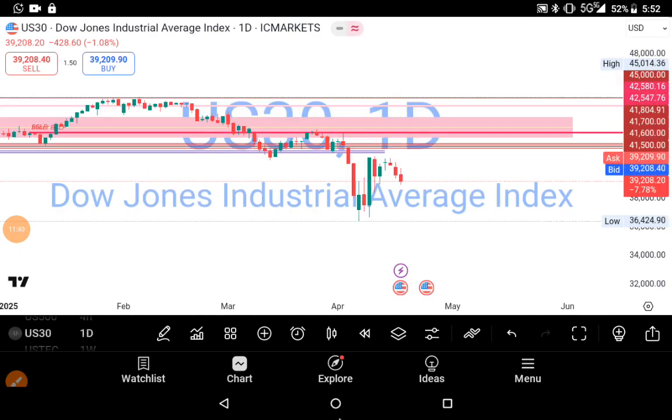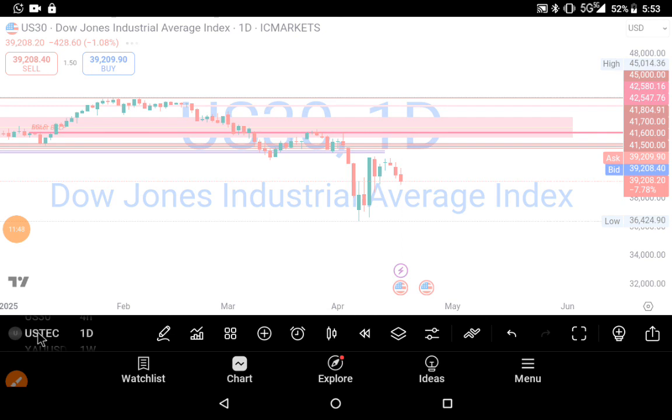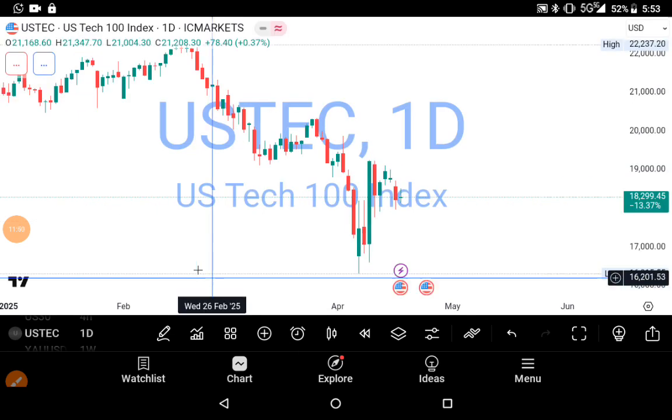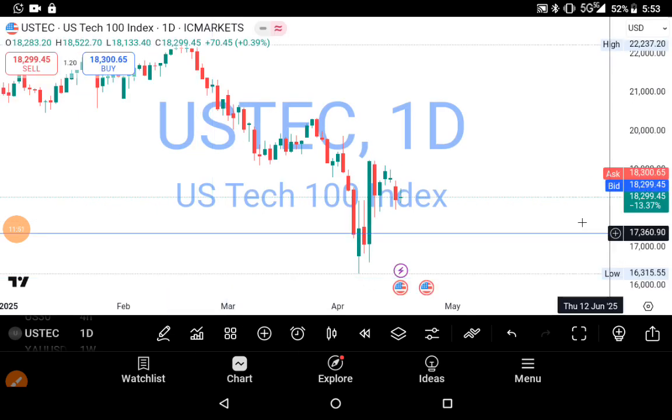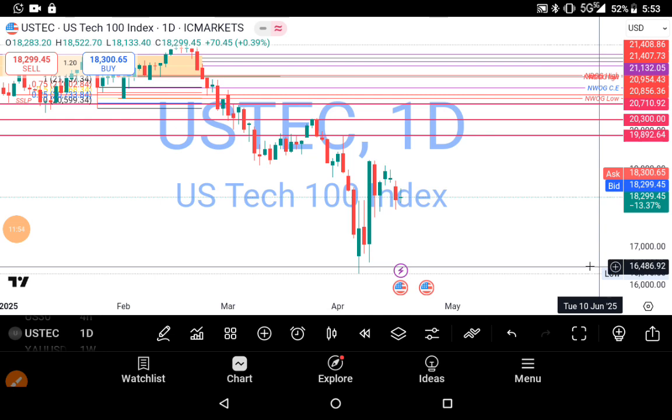The same thing would happen on Nasdaq, because on Nasdaq last week I was interested in the market price finding its way into 20,000. Is the market ready to crawl back into 20,000?